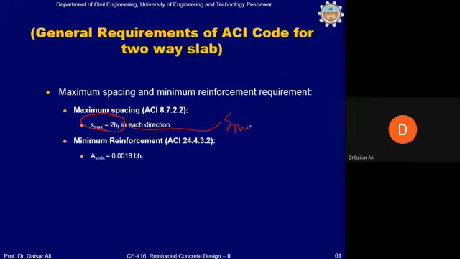This max must be less than or equal to 2 hf. In this case, hf is 10 inch, so maximum spacing cannot be more than 20 inch.